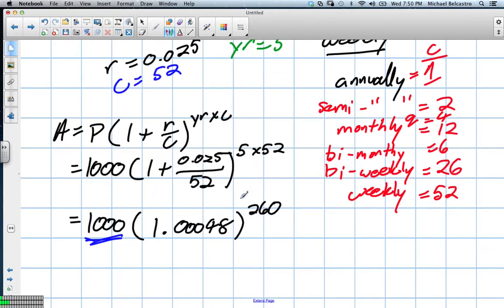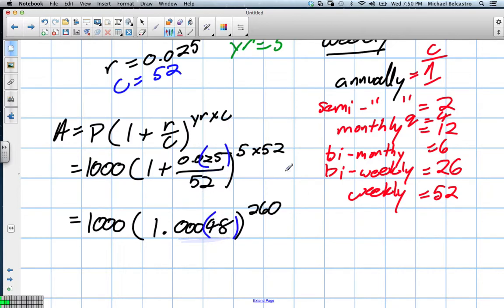Over the course of a year, they give you interest 52 times. So they break up that yearly interest rate, which is 2.5%, to be evenly distributed over 52 times. So every week you get 1/52nd, a fraction of 2.5%. This is what it comes down to per week, 0.48%. If you multiply that by 52, that will give you that original yearly interest rate.